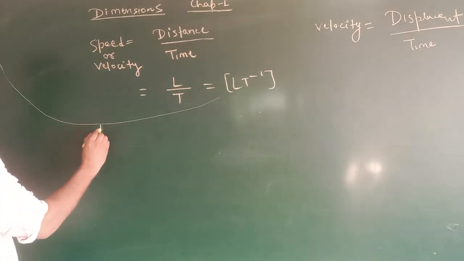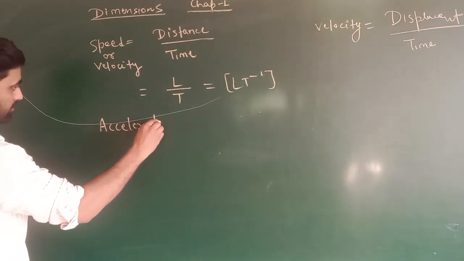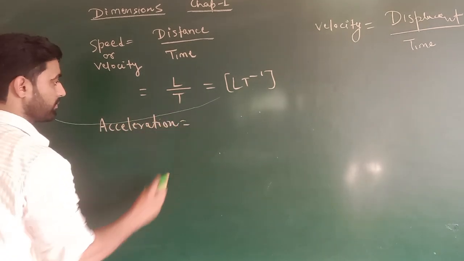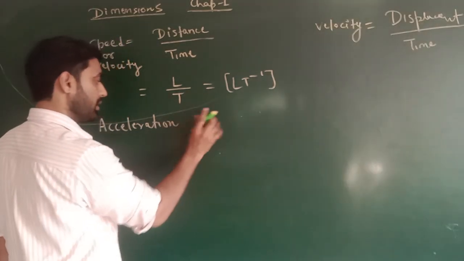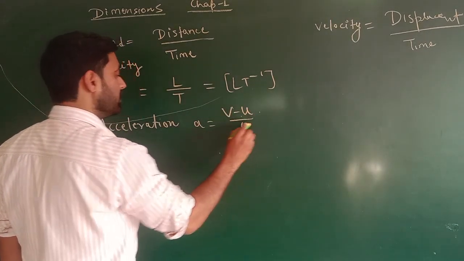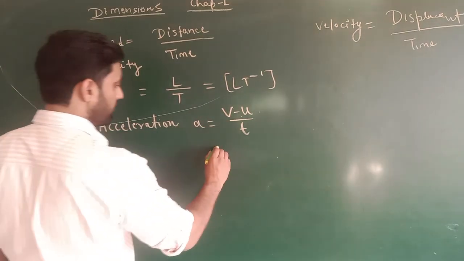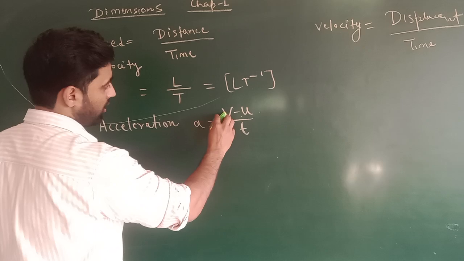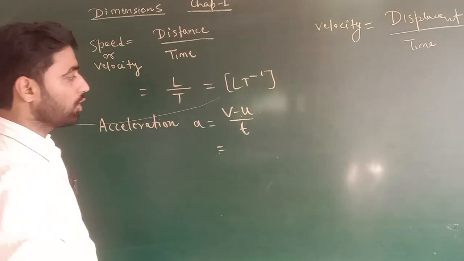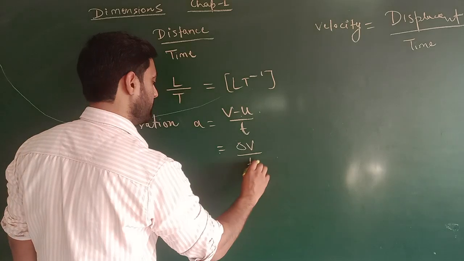Next is acceleration. Acceleration, that is a, is v minus u divided by t. Rate of change of velocity is called acceleration. So again, velocity out of velocity, we are going to get velocity only. So velocity upon time, delta v upon t.